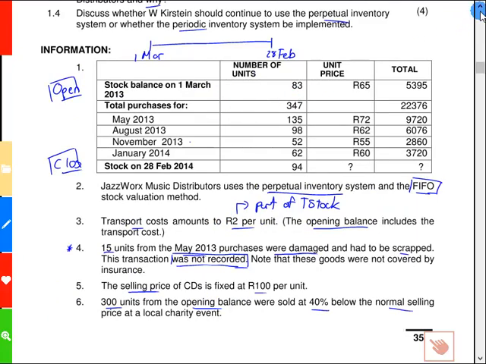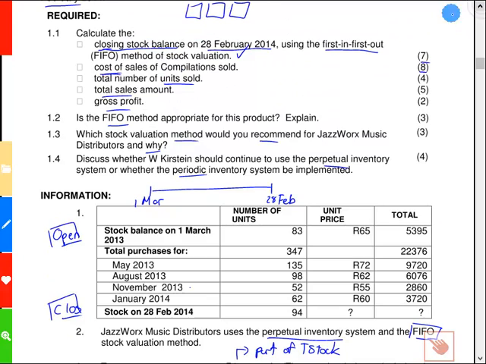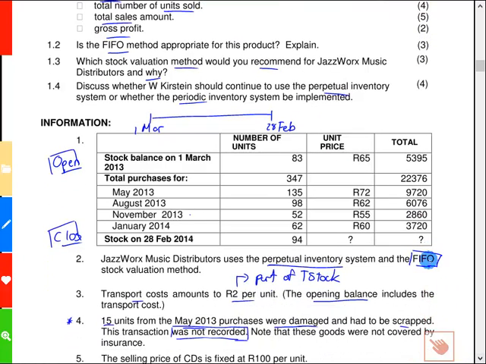Right, so the second question asked us to calculate the cost of sales of compilations sold. And the trick here is to know that we're using the first in, first out method. So of all the batches that came in, the ones that came in first are going to be sold first. Sorry, this wasn't a batch, right?